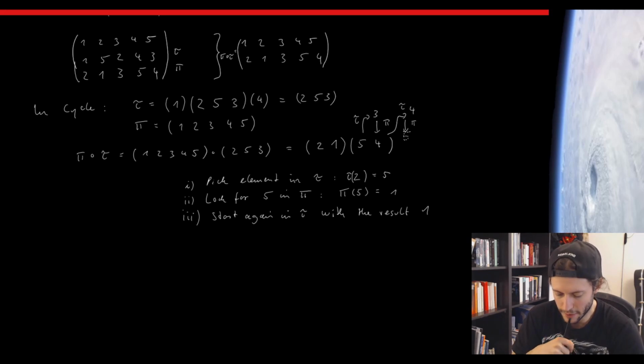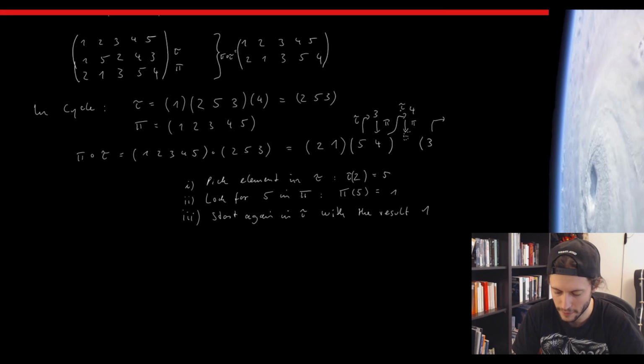No, there's only the 3 left. Although I know that the 3 has to be mapped to itself, because in 5 numbers there's just a 3 left, I'm going to write it down anyway, so I need some more space.